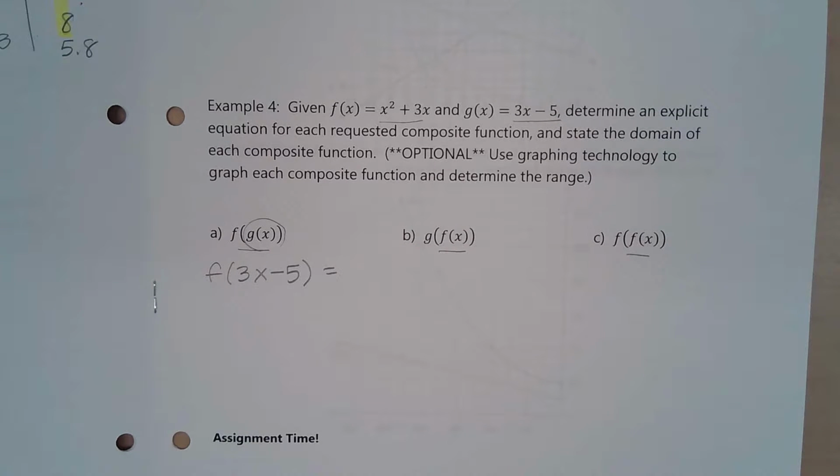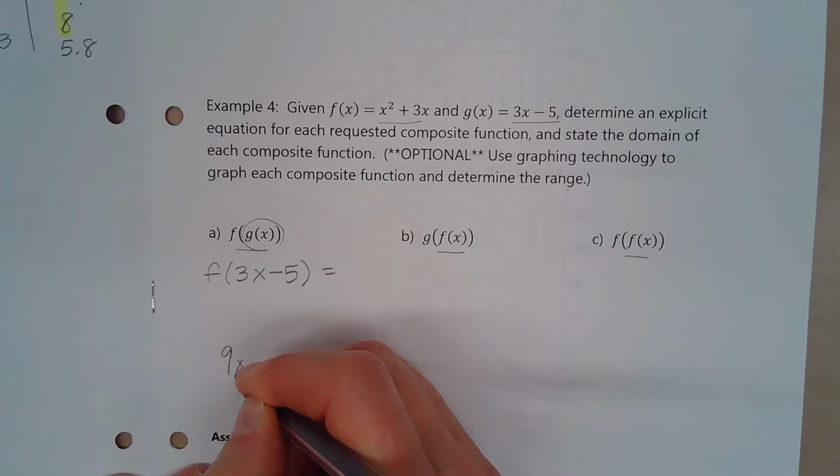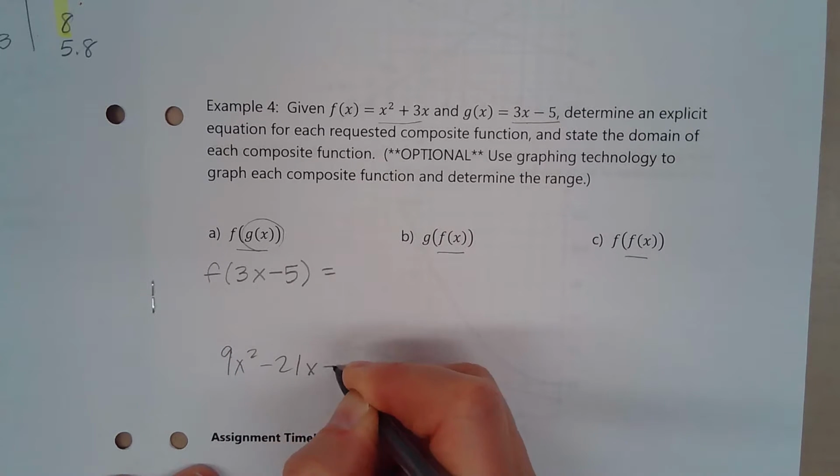Okay, anyone want to share a final answer? Did you finish it, Carl? What'd you get? That's what I got too. So we both got 9x squared minus 21x plus 10.